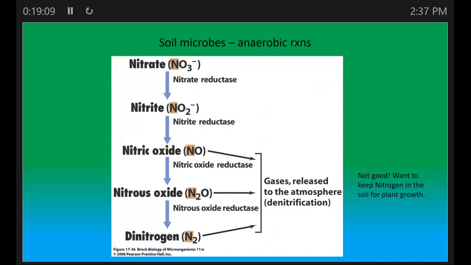Some bacteria in a waterlogged situation are going to do something like this, where what I just showed you in that previous image was nitrate getting an electron and getting reduced to nitrite. Well, then other bacteria take it even further, and they'll keep running those reactions where they might produce nitric oxide, nitrous oxide, dinitrogen. Those are all gases. So now you have nitrogen gases, and those get released out of the soil.